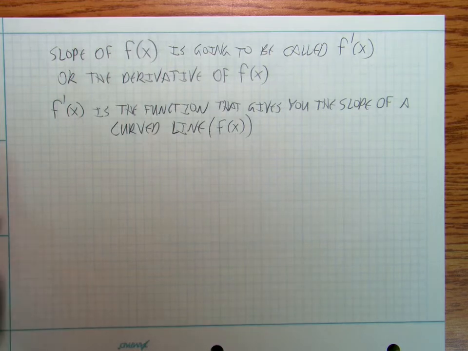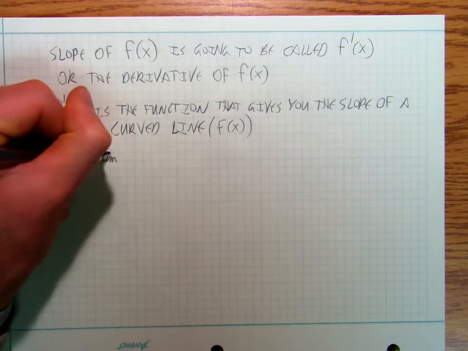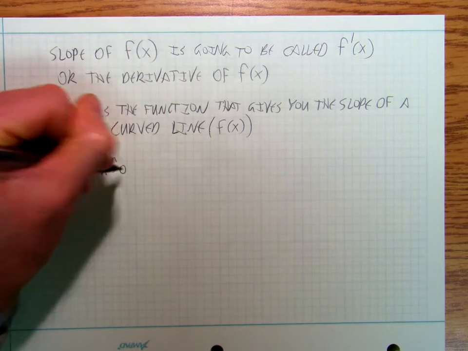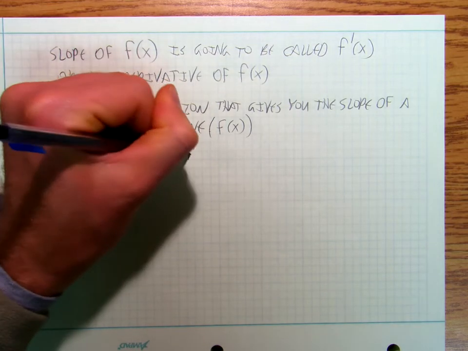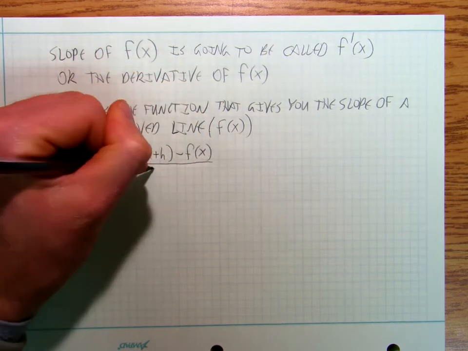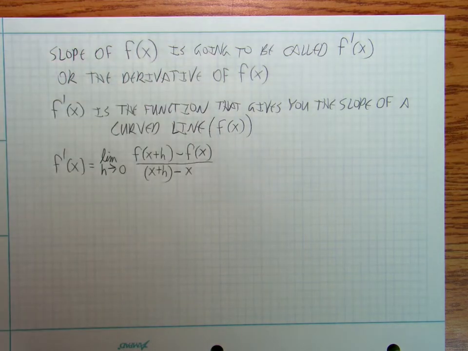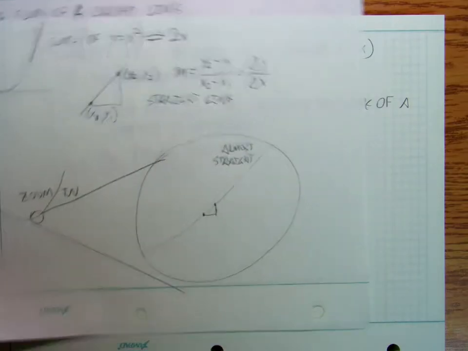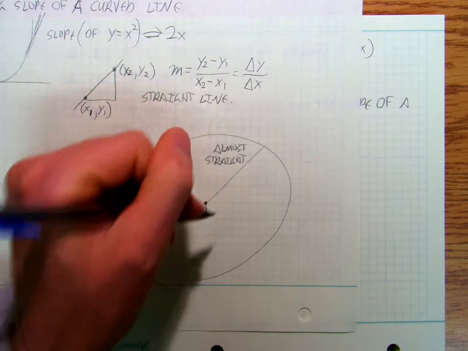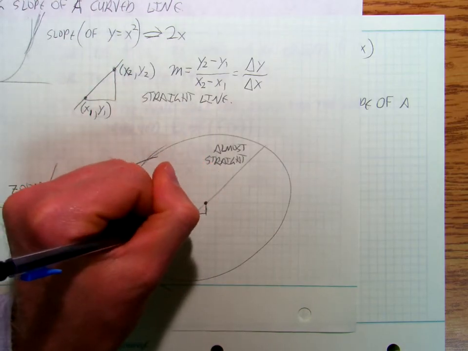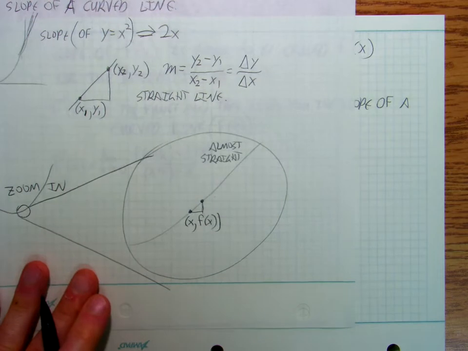Okay? And the way that they defined it, f prime of x is going to be the limit as h approaches 0 of f of x plus h minus f of x over x plus h minus x. So what we're going to do is, here I've got a point, and that point is going to be x comma f of x.